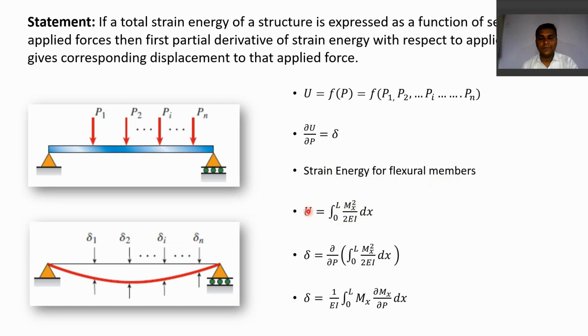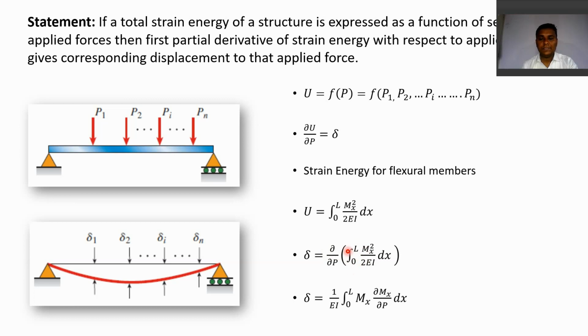So in general, the total strain energy for a beam, which is a flexural member, is equal to the integration of Mx squared upon 2EI into dx, where the integration is with respect to dx. Hence, when we put the value of U, the total strain energy, in the above equation of Castigliano's theorem, we get the displacement delta is equal to ∂/∂P of this term, that is U.